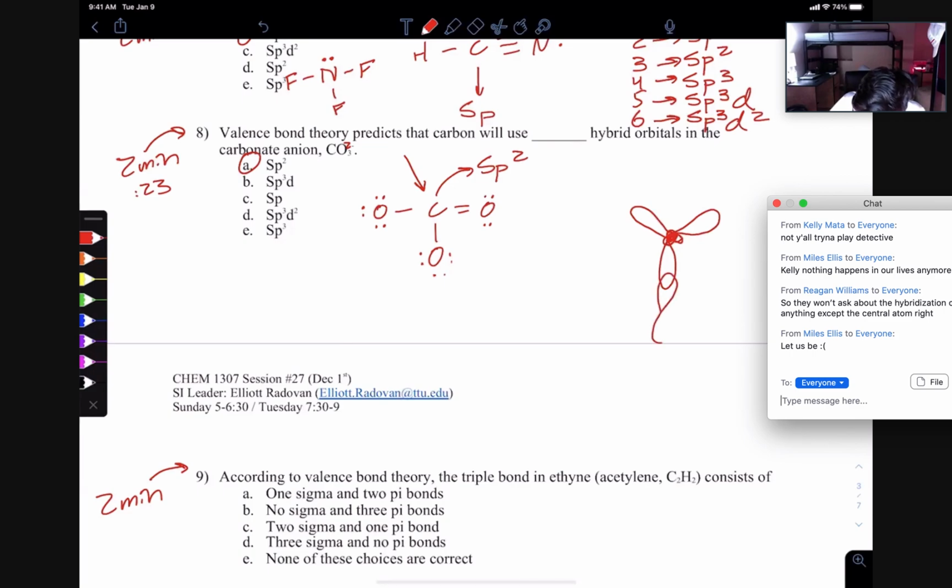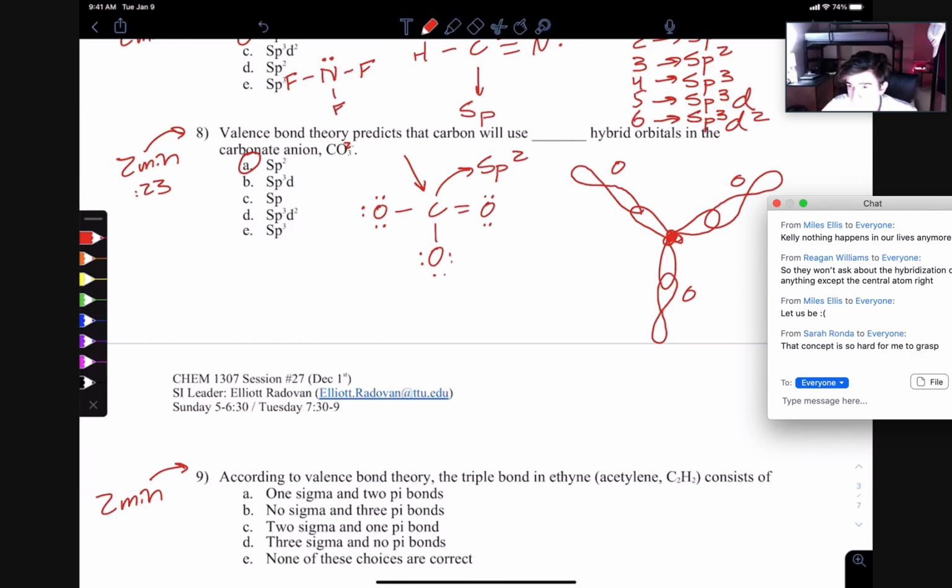These p orbitals are on oxygen, and they bond end to end. So those are all oxygens. The oxygen is just the p orbital. It's not hybridized. Now, if it's hydrogen, then it would just be that one s orbital.